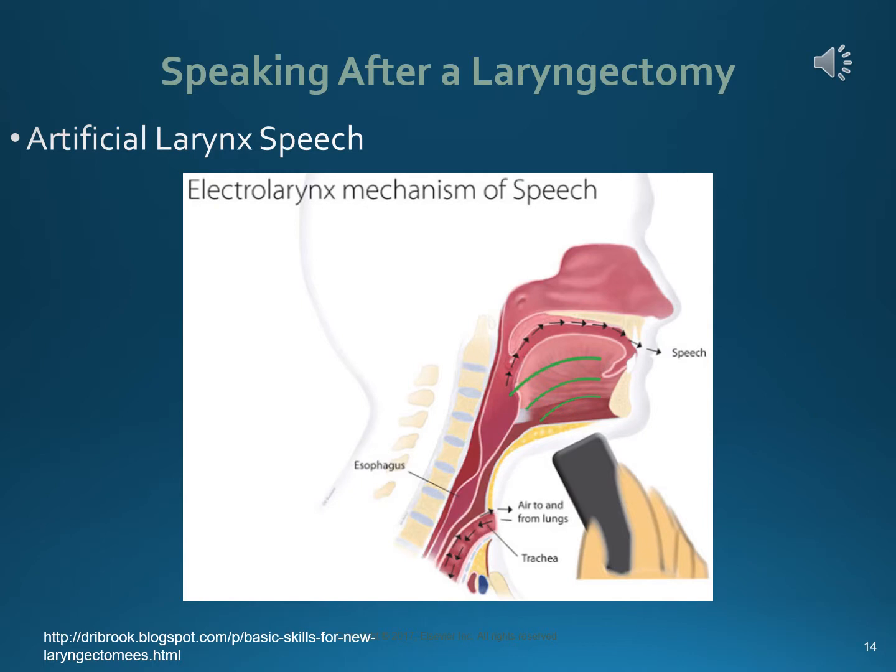Finally, we have speech that's generated with an artificial larynx, sometimes called an electrolarynx. This method of speaking is easily learned, and they learn it pretty quickly. It produces a strong, powerful sound, and it has a device that requires batteries and the use of one hand.